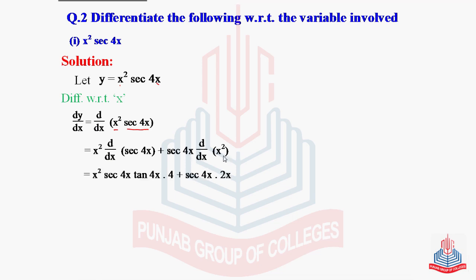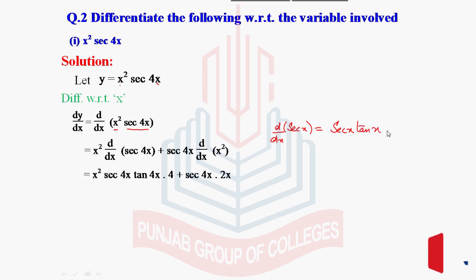Now this x square will be as it is, and when we apply differentiation on secant 4x, the formula is the derivative of secant x, which is secant x into tan x. So this is the basic formula for differentiation of secant x.